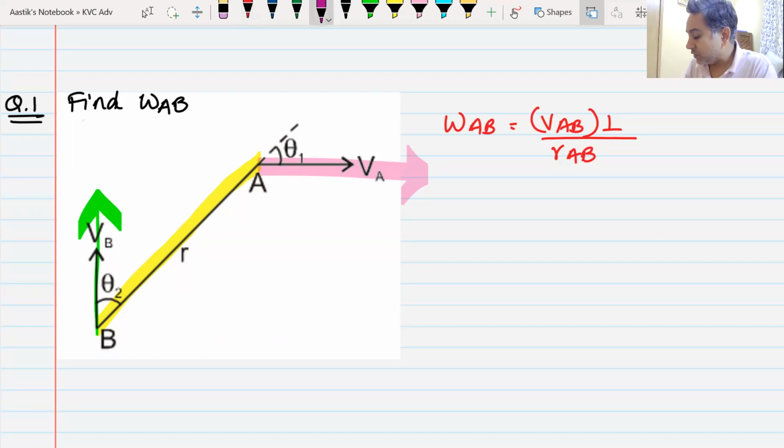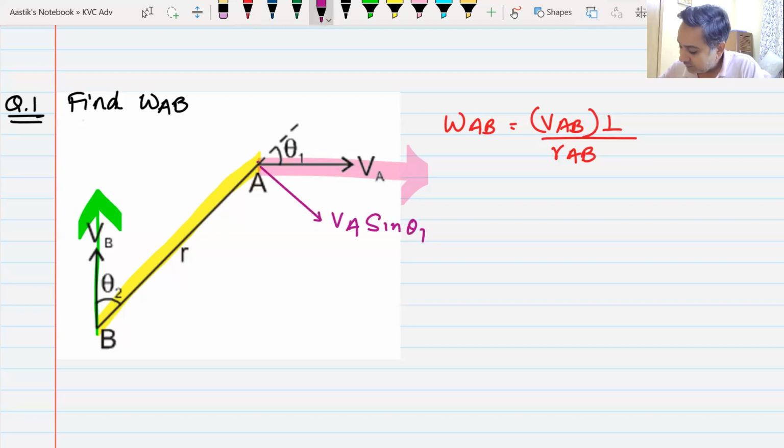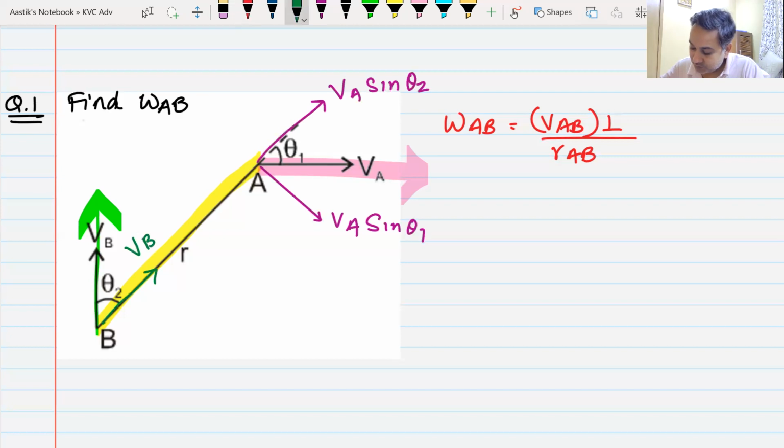So basically we need to resolve this into two components. This component will be VA sin theta 1 and this component will be VA cos theta 1. Similarly, we need to resolve this velocity into two components. This will be VB cos theta 2 and this would be VB sin theta 2.